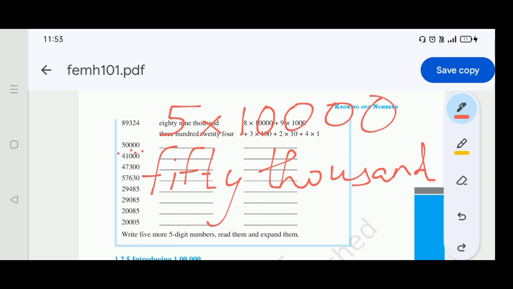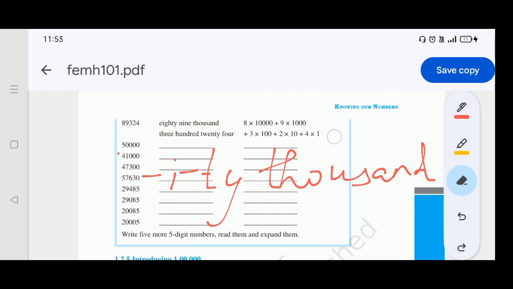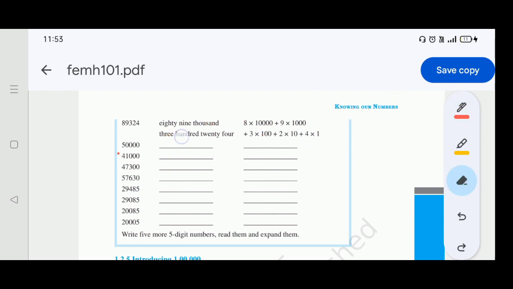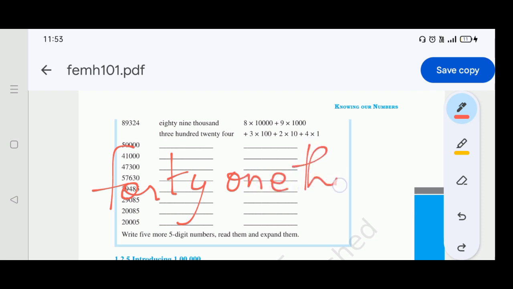Moving on to the next question. The next question is 41,000. We know the number name would be 41,000.